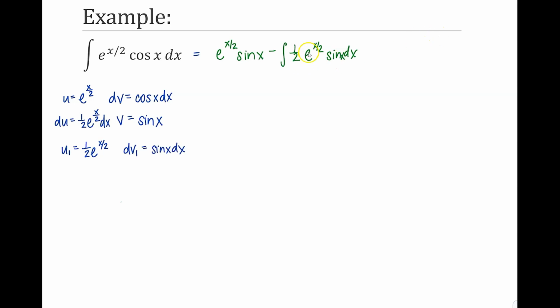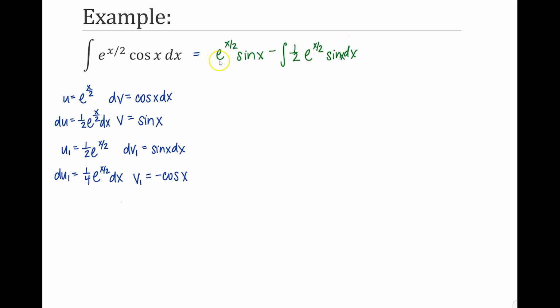So we're going to do another integration by parts on this piece. And so we get du1, the derivative would be 1/4 e to the x over 2 dx. And then when I take the antiderivative of sine x, I'm going to get negative cosine x.